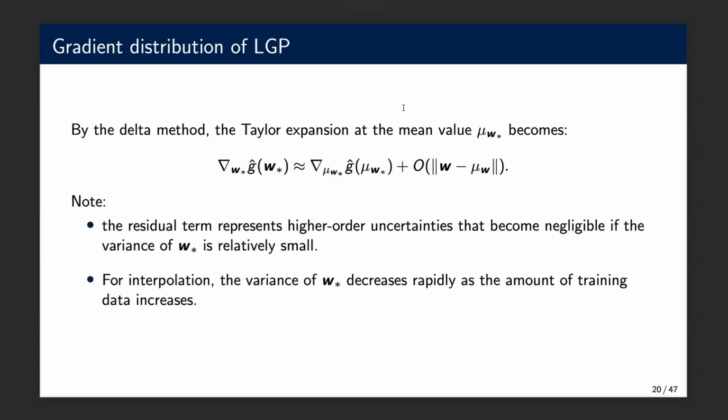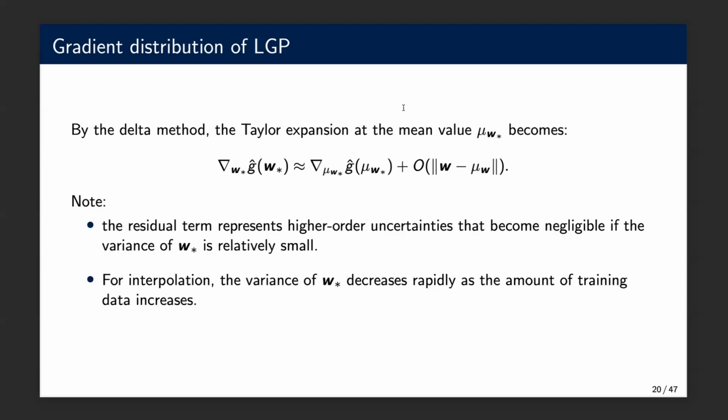And the delta method makes it very easy. We just express the random variable around the mean value using a Taylor expansion, and you can see we replace the random variable W star with mu W star, which is the expectation from the first layer of the Gaussian process, plus the residual from the Taylor expansion.